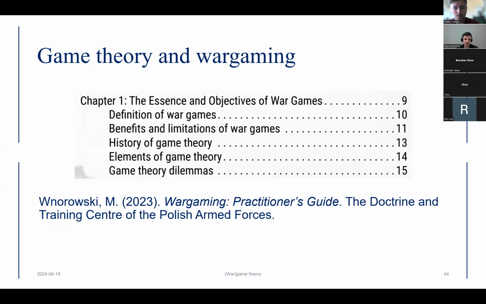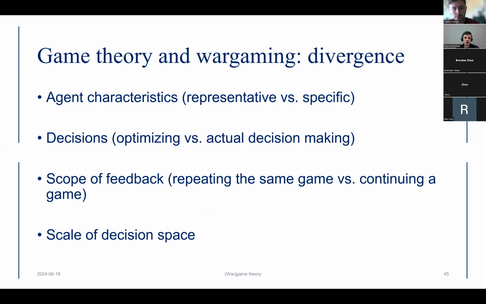Actually, some of the documents on wargaming, for example Wnorowski's Wargaming Practitioner's Guide from the Doctrine and Training Center of the Polish Armed Forces, spend quite a bit of time talking about game theory, the dilemmas it proposes, and how it could be linked to wargaming.